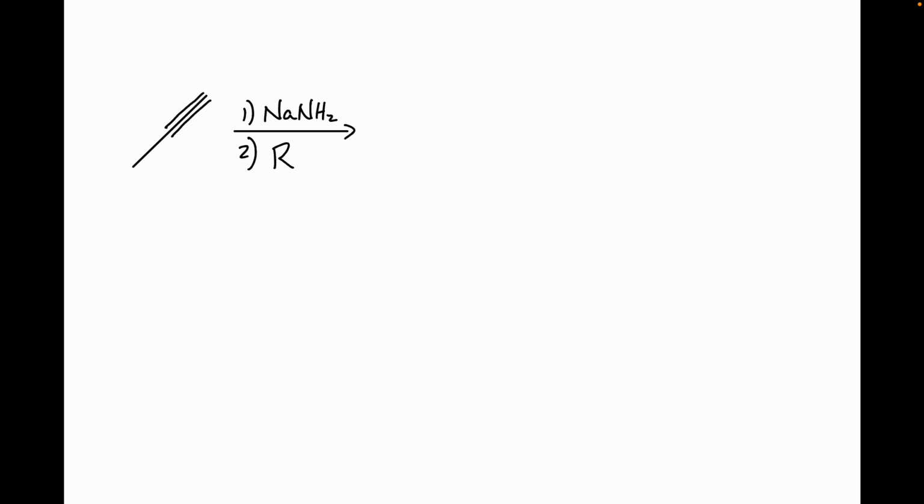And then an alkyl halide, so I'm just going to use this as RX, where R stands for any number of carbons. All right, the one caveat about this alkyl halide here is it has to either be a methyl alkyl halide, as in the case of our reaction that we did previously, or a primary alkyl halide. Secondary or tertiary alkyl halides will not give you this same product.